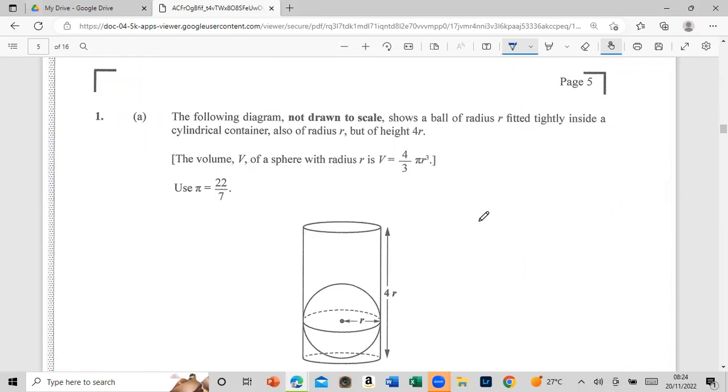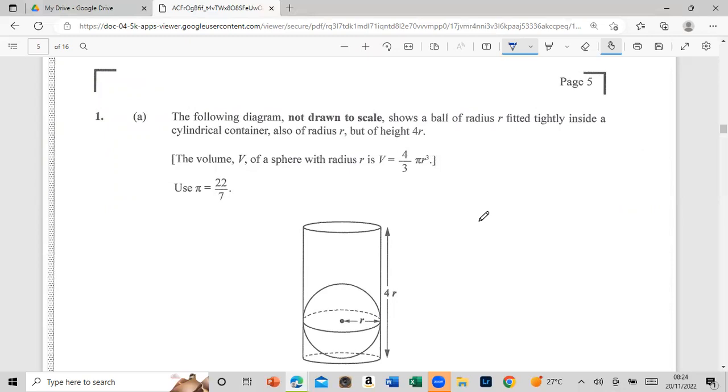So question 1, and it says the following diagram, not drawn to scale, shows a ball of radius r fitted tightly inside a cylindrical container, also of radius r, but of height 4r. It says the volume V of a sphere with radius r is V equals 4 over 3 pi r cubed, and take pi to be 22 over 7.